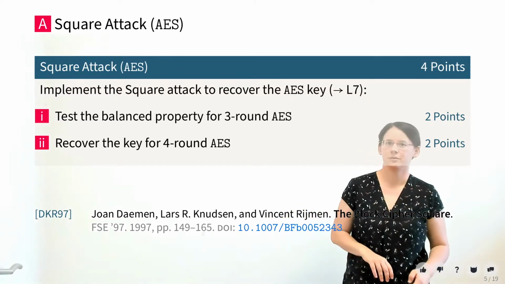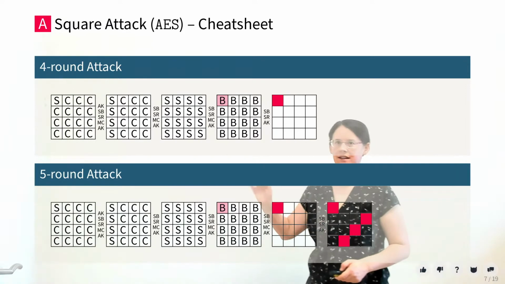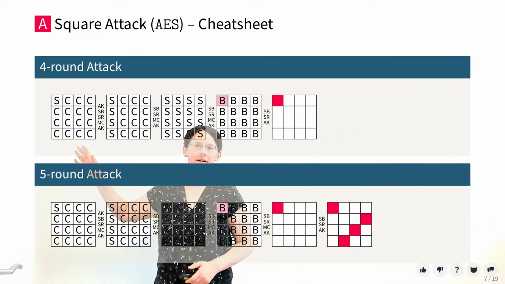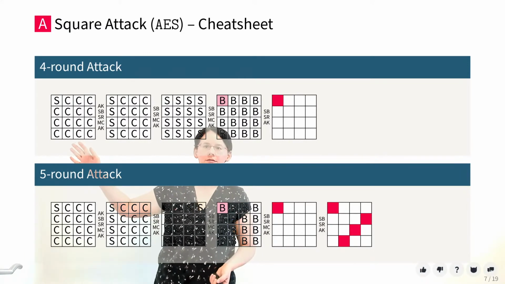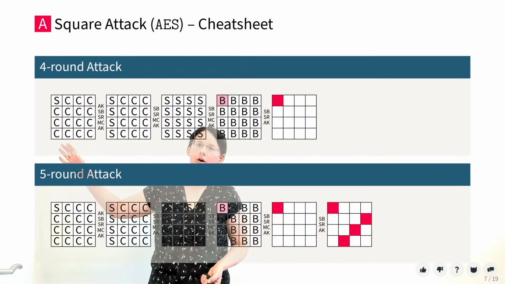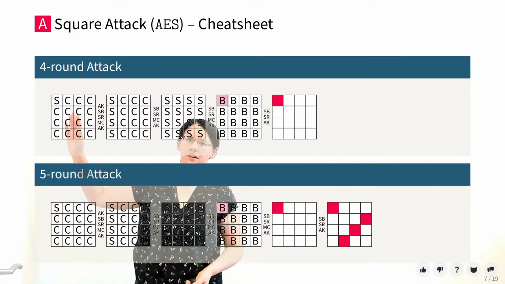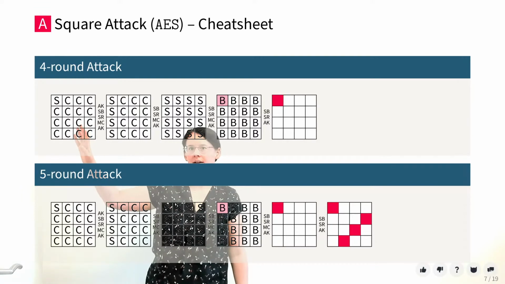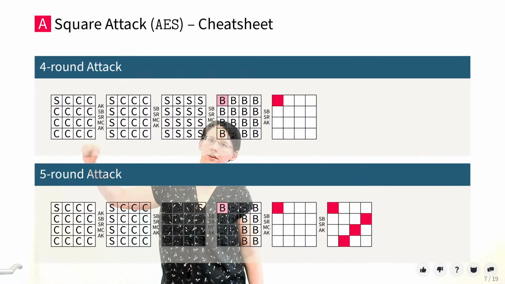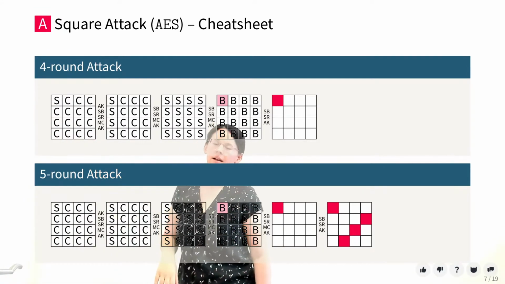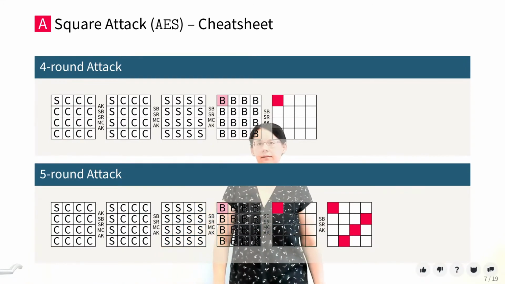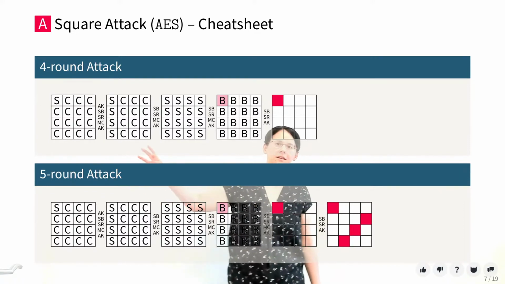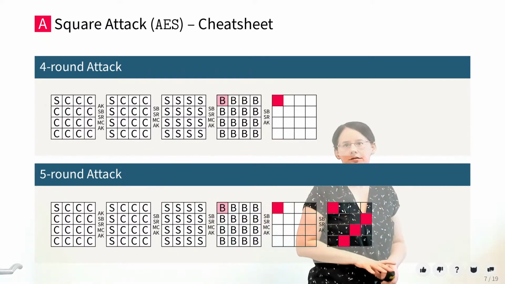And to refresh your memory, this was the attack where you looked at sets of ciphertexts of, in case of AES, 256 ciphertexts, where most of the cells are identical for all of the cases, namely they are constant, denoted by a C here, but there are some cells which are different. And if you look at the lecture again, you see how it was possible to then say something about these sets after up to 3 rounds.